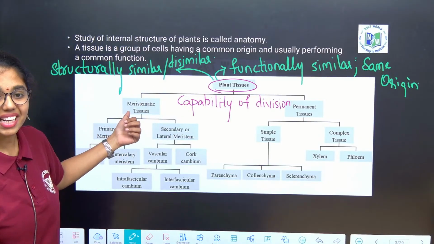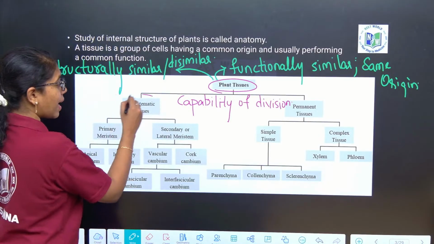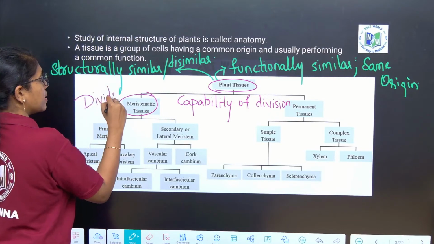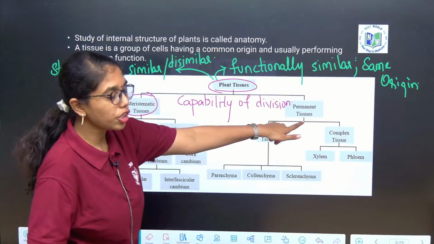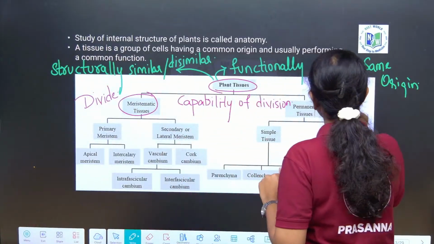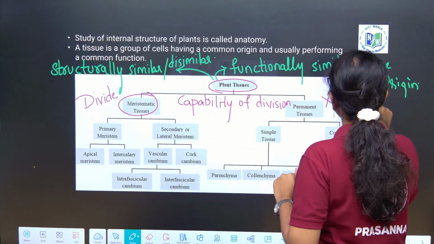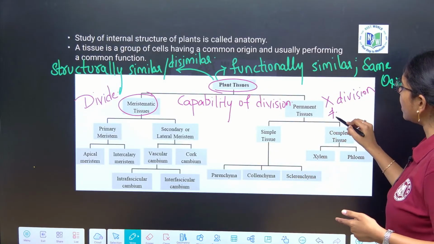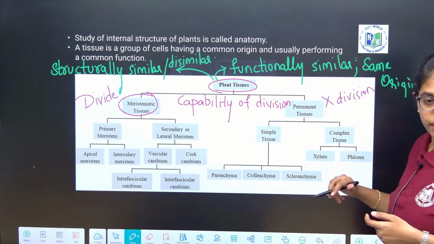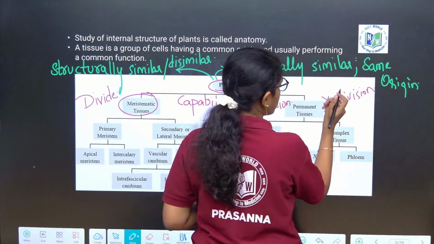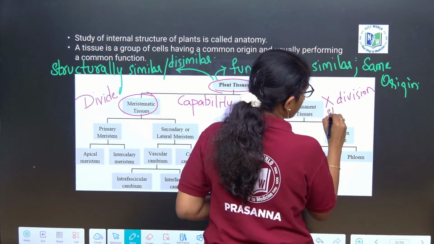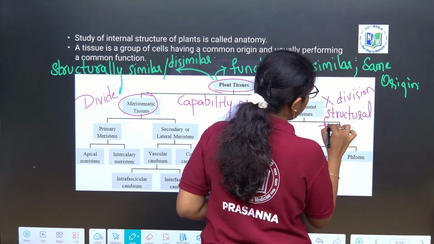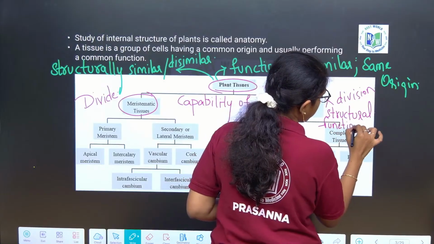What are they? Meristematic tissues, which will divide continuously, and permanent tissues, which will not have any capacity of division. They exhibit structural and functional differentiation.